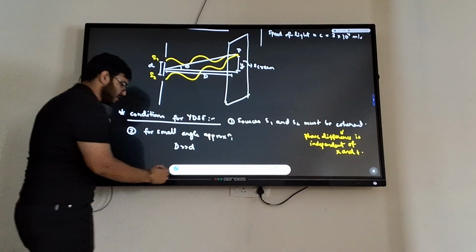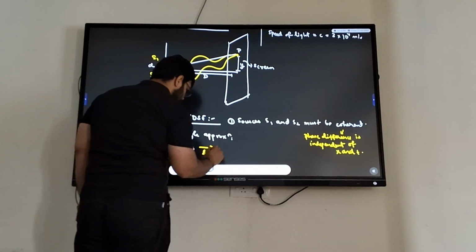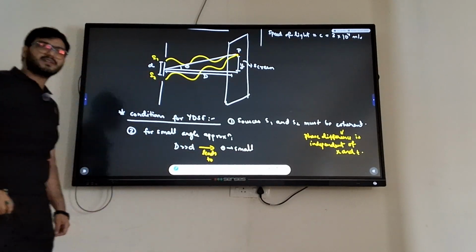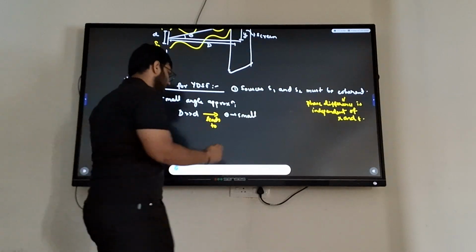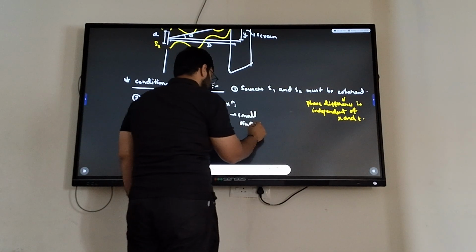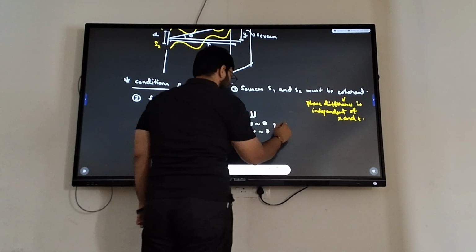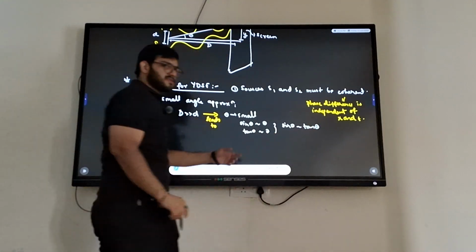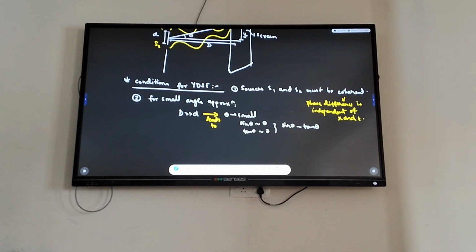This leads to theta being small, and if theta is small, then what approximations can we make? Sin theta is approximately equal to theta, tan theta approximately theta, so in general sin theta is approximately tan theta, and we will use that identity.